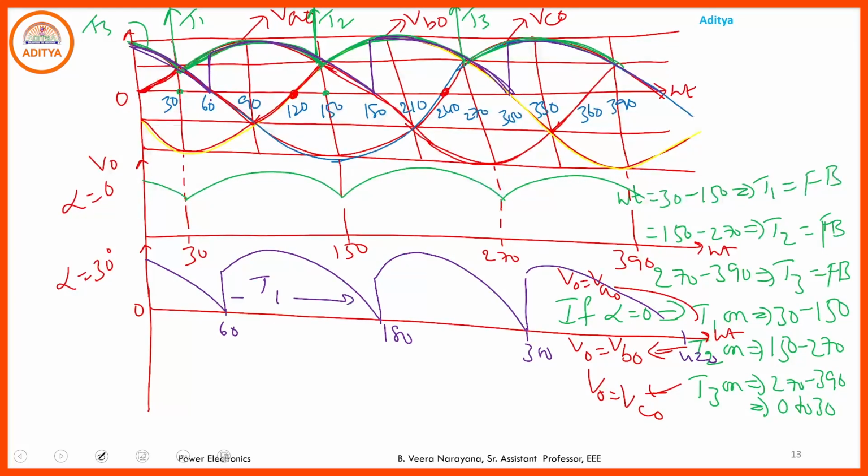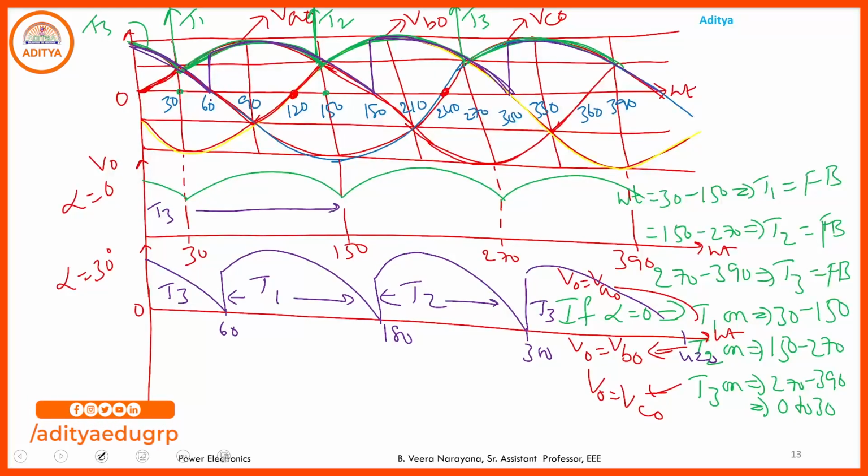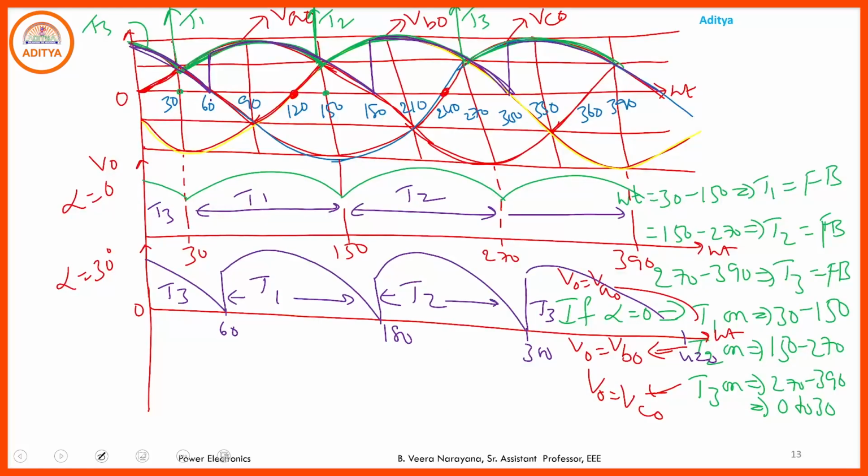You mentioned the conduction portion of each SCR: it is T1, T2, T3, and here also T3. For completion of one full cycle, how many pulses have been generated? This is one pulse, this is the second pulse, and 0 to 60 and 300 to 360 together make another: here a half pulse and here a half pulse.